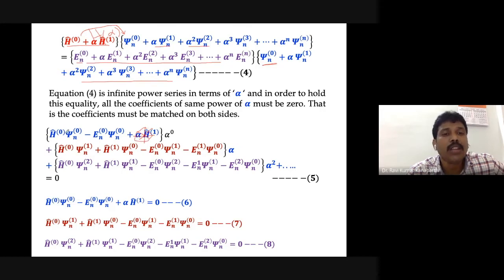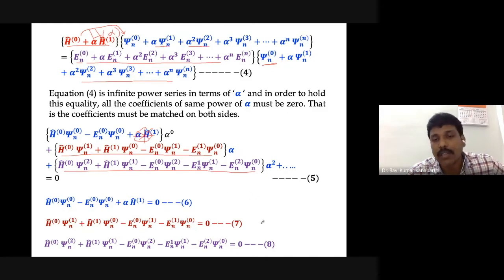So there are two terms which don't have any alpha on the left hand side, and similarly on the right hand side. Those I have written, and similarly the alpha terms are written here, and the alpha square terms are written here. So we get different equations.